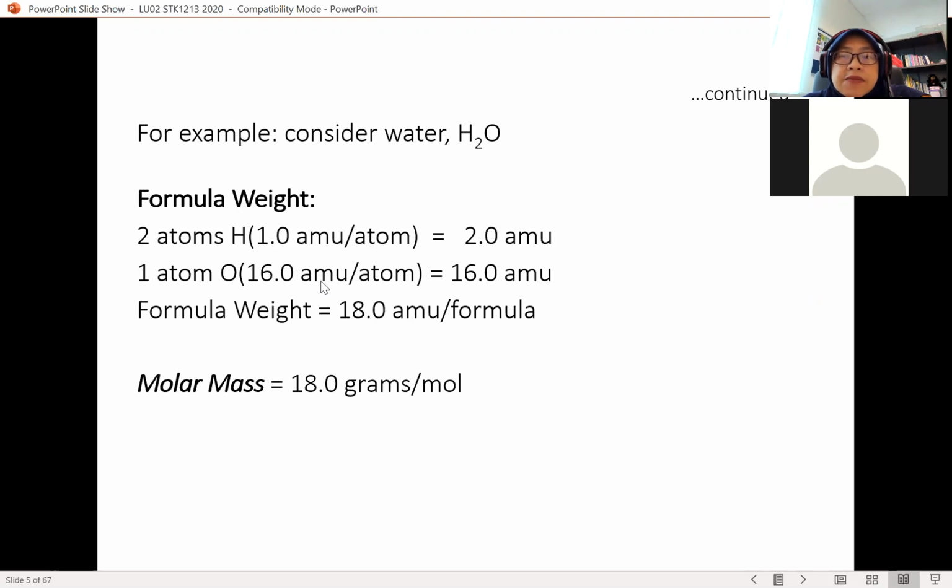And if you notice from the periodic table, the molar mass for hydrogen is 1 gram per mole, and for oxygen is 16 gram per mole. Okay, so the value is the same. So if you have a formula weight for H2O of 18 AMU per formula, your molar mass is 18 grams per mole.